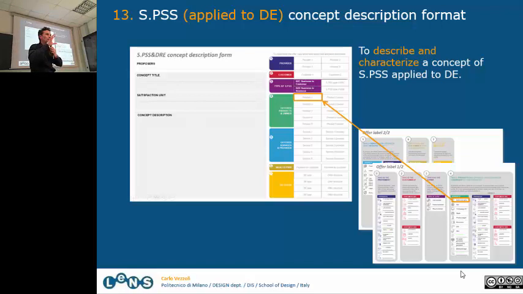But it's simply a format to help you to describe in the right way a concept and to understand whether you are really designing a sustainable product service system concept applied to the A or you forgot to do something. So if you don't succeed to do something here, it means that maybe I have to rethink, and this is helpful even to rethinking the issue.